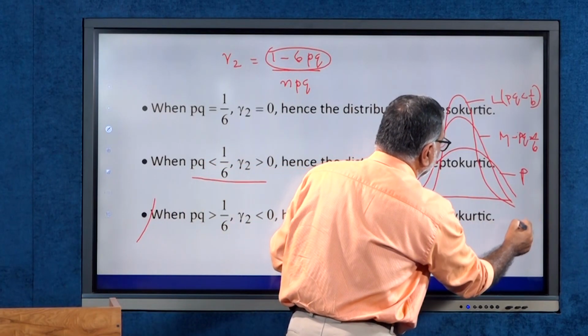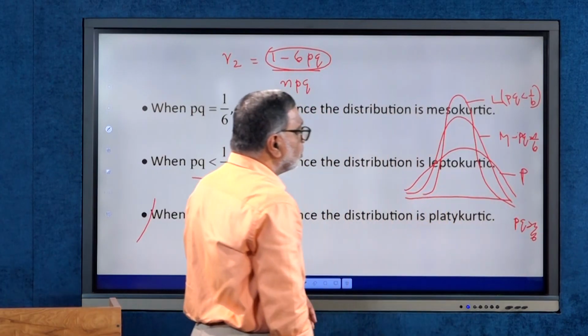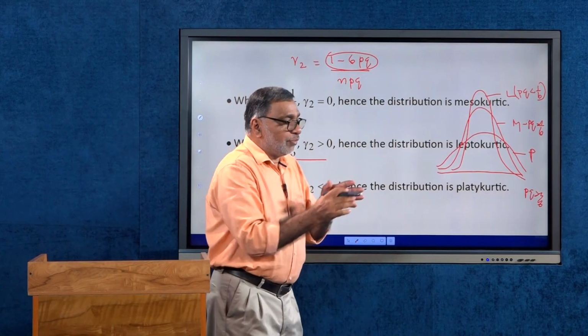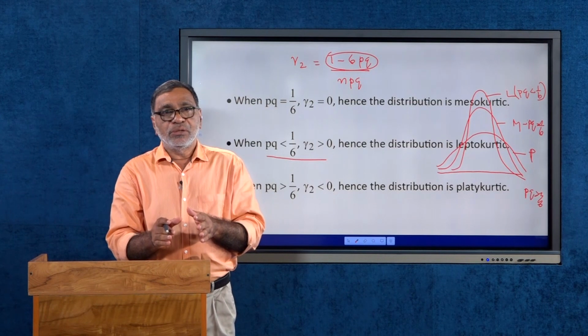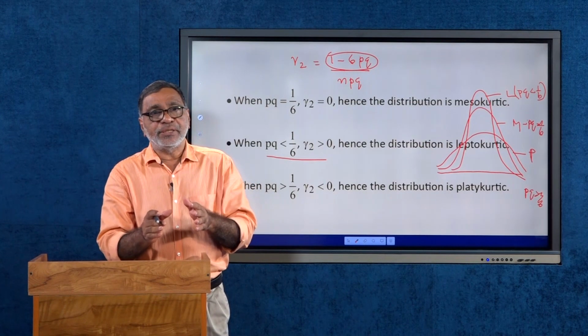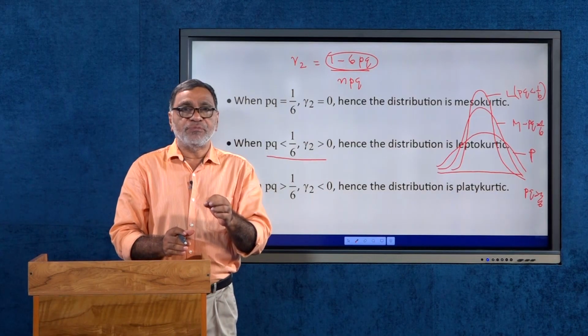So, when we are drawing the histogram of the binomial distribution for given parameters n and p, the distribution character will change according to the product of the values of p and q.